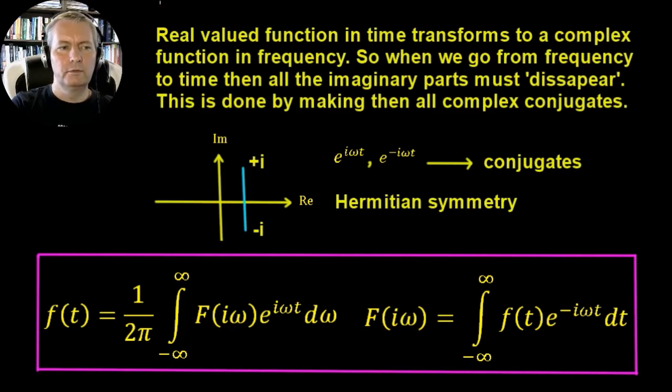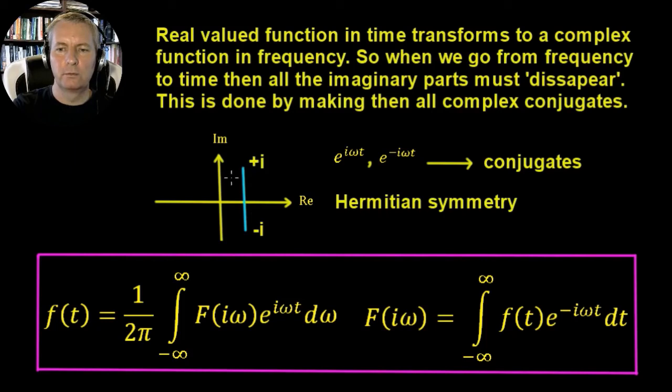Now we note that we're only working out the Fourier transform of real valued functions of time, so we don't have a function of time that's got an imaginary part to it. That means that whenever we're in the frequency domain and going back to the time domain, all of the imaginary terms must disappear. So how do we make them disappear? Well, we make sure that they're complex conjugates.